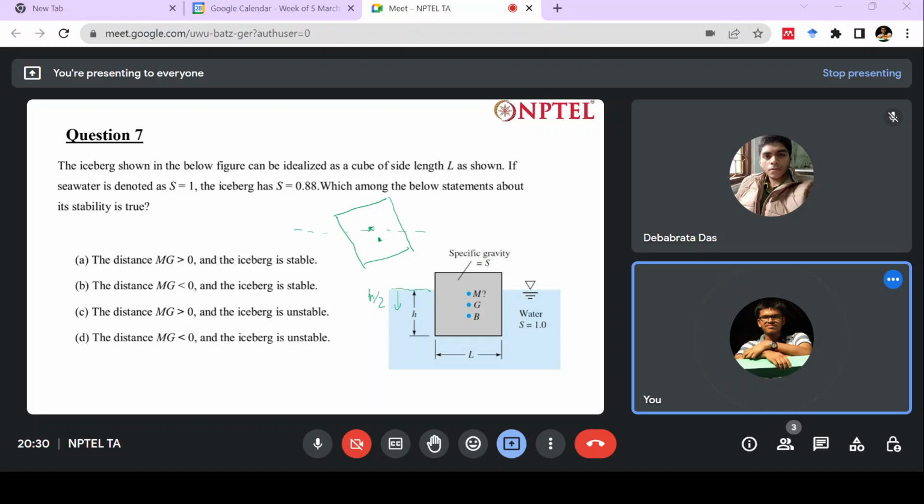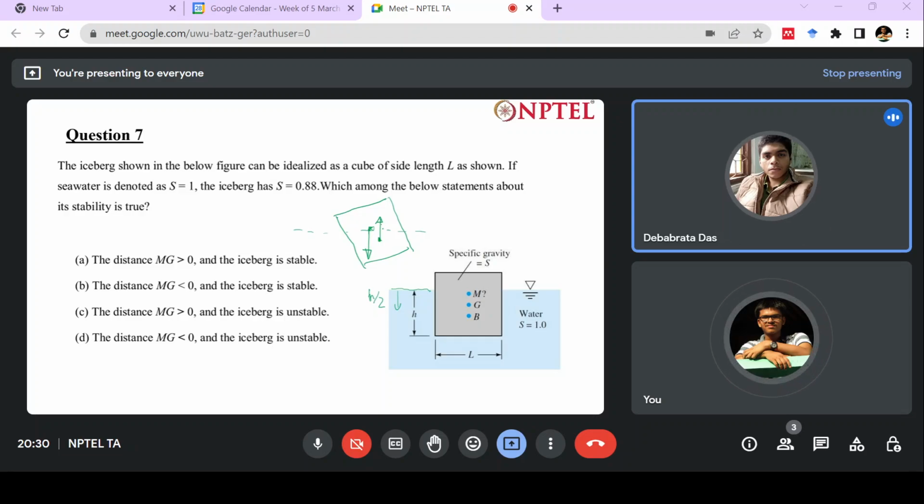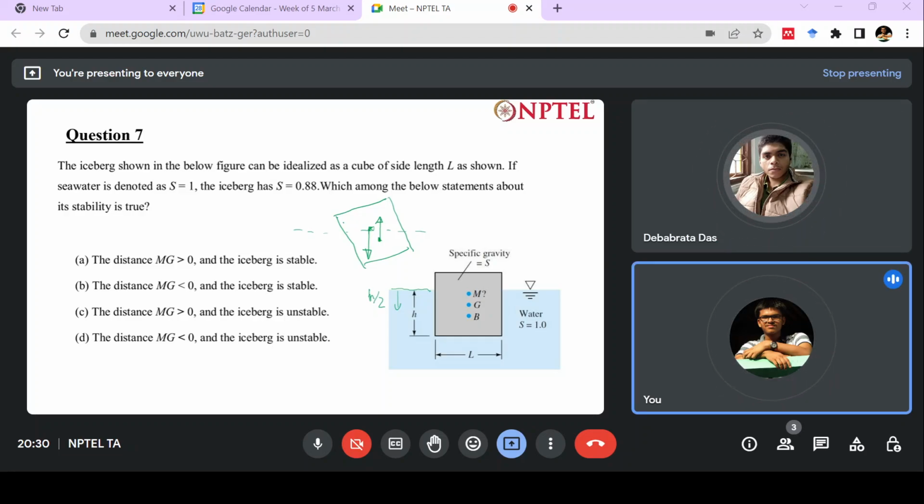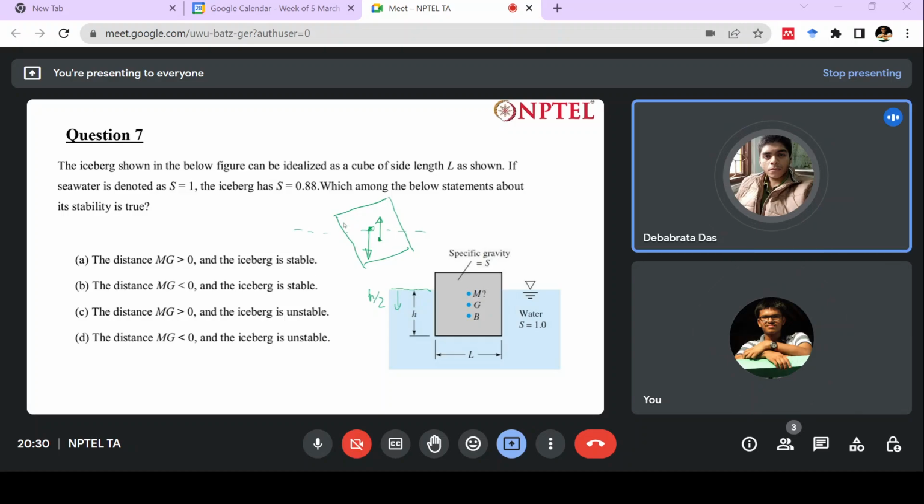So this force at G will be acting this way, and the buoyancy force at the center of buoyancy will be acting this way, right? The way I have drawn, is this stable or unstable?